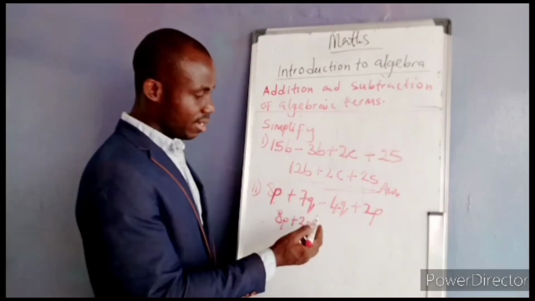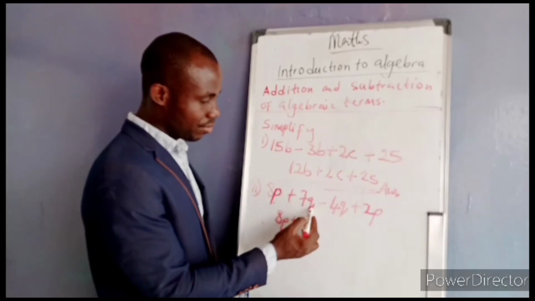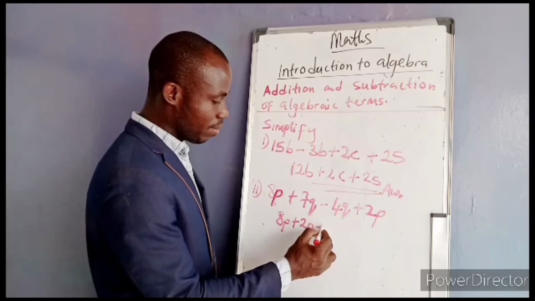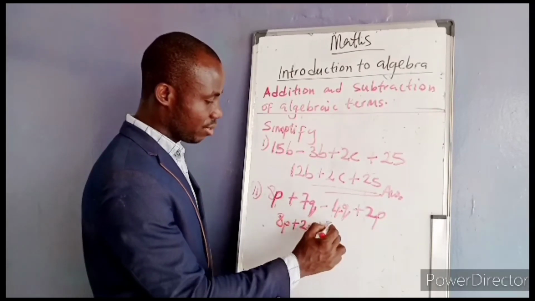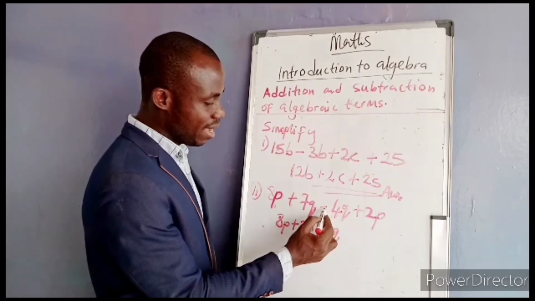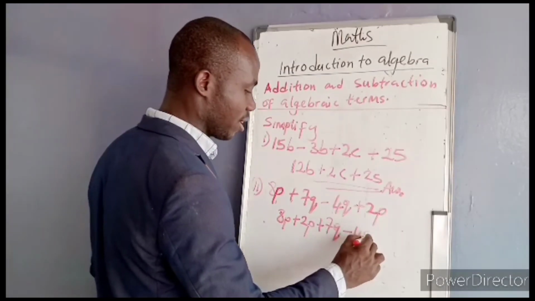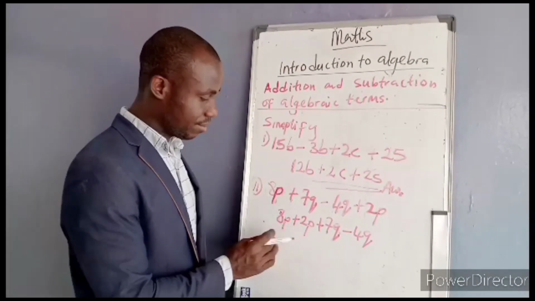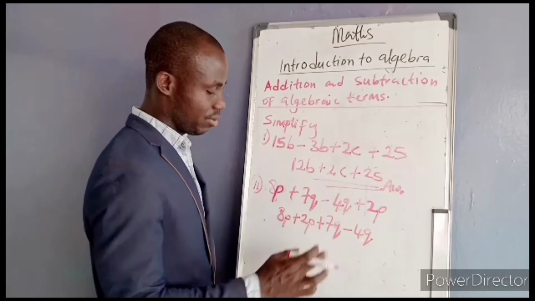Is that clear? Now, this is plus 7q, and this is minus 4q. I pick plus 7q together with minus 4q. I have grouped them according to their terms, the p's together and the q's together.